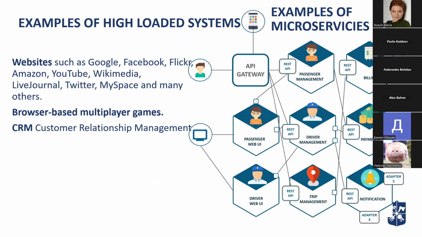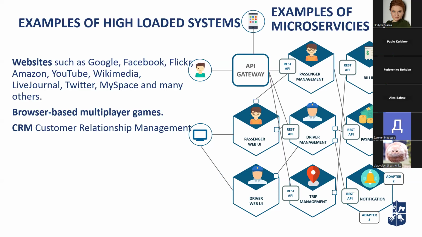According to examples of high-loaded systems, as I told you and you see on the slide, it can be Google, Facebook, Netflix, Amazon, YouTube.